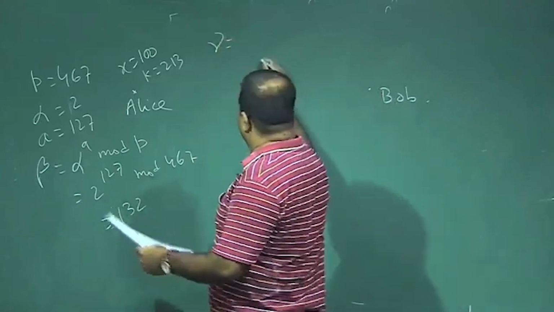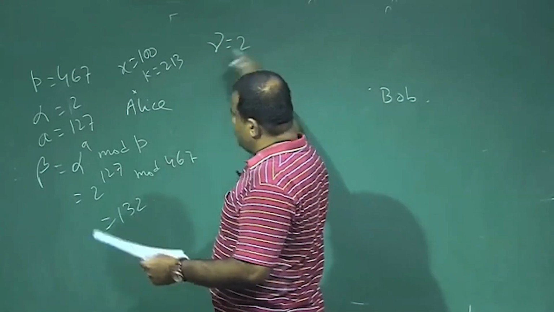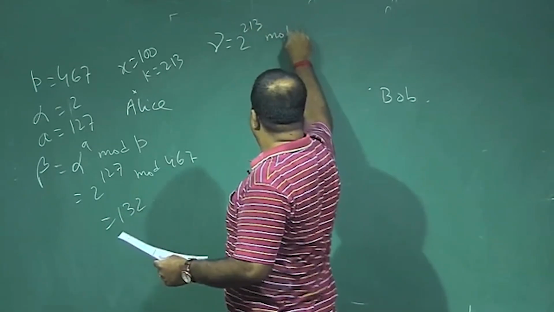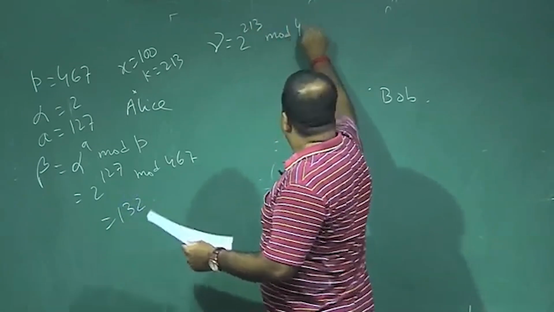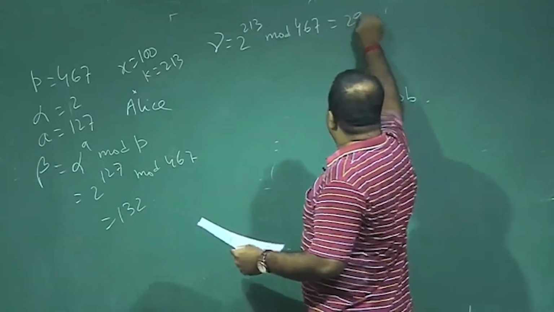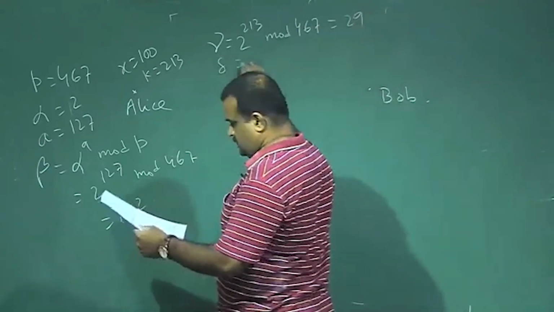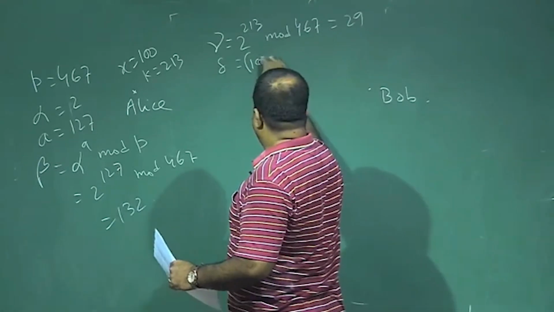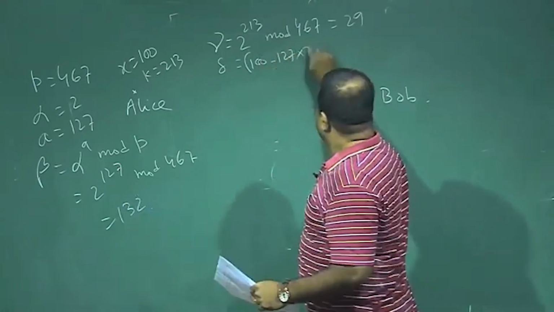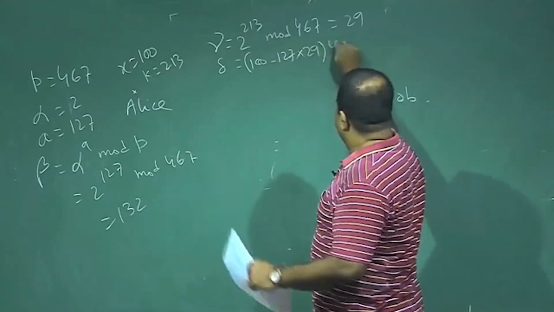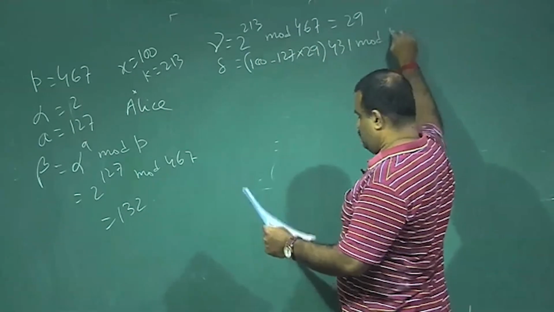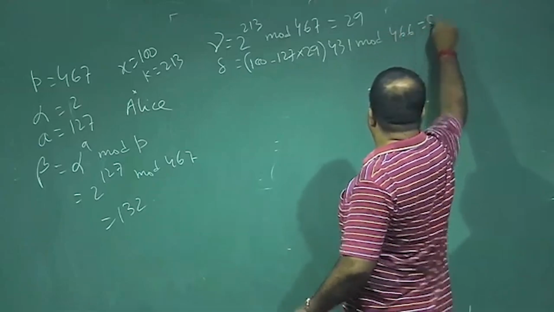Gamma is basically 2 to the power k mod 467, which is basically 29, and delta is basically x minus 127 times 29, times 431, mod 466, which is 51.